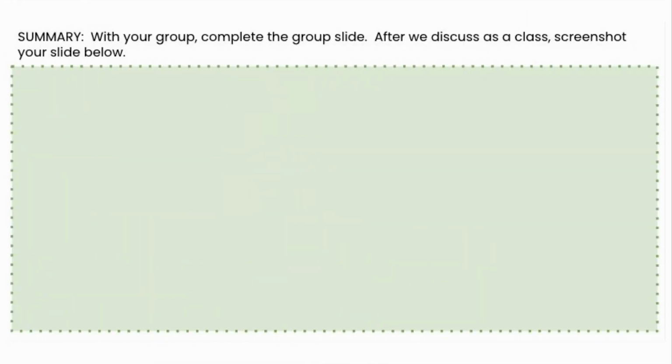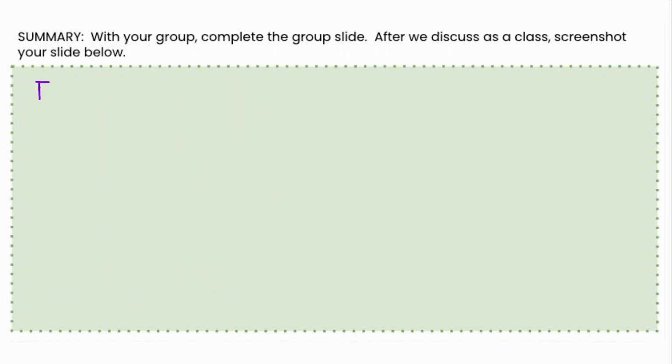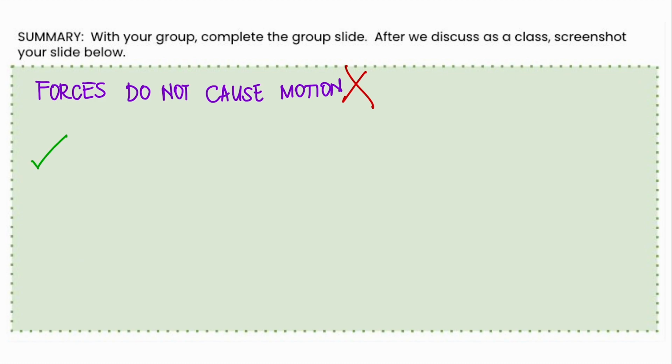All right, so now here's the summary. We did not do this in groups, obviously, so we're just going to go ahead and write it in our class notes. Okay, so the main thing that I want you to take away is that forces do not cause motion. When we hit the ball to make it speed up, when we hit the ball to make it slow down, and when it was already moving, there were no forces on the ball that caused the motion.